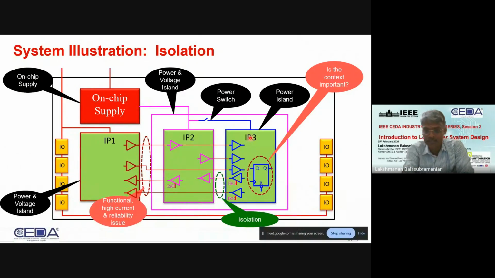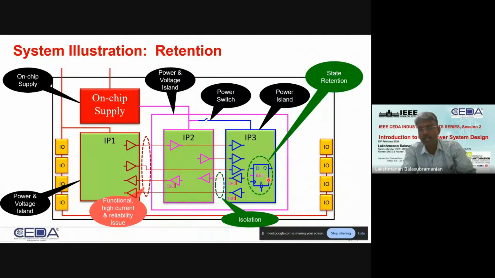And then for context, there is something called a retention element, where flip-flops can be designed in such a way that only a small portion of the flip-flop is powered while the majority of it can be off, so that it can retain the previous state. So even if you have thousands and millions of these flip-flops, as soon as I power on, with a control signal called retention, when I enable it, I'm coming out of retention, and I can restore the state I saved before I switched off.